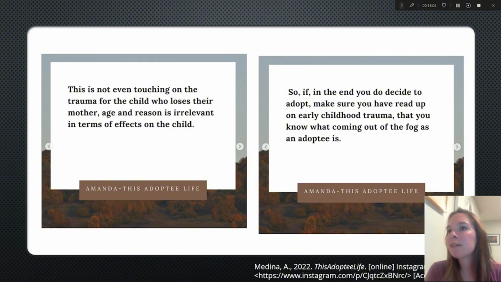While I wouldn't necessarily use information like this to discourage a patient from pursuing adoption or building their family a different way, it is really helpful as a genetic counselor to understand how complicated things can be for a child who is going through foster care or who is being adopted, and to understand the lasting impacts.